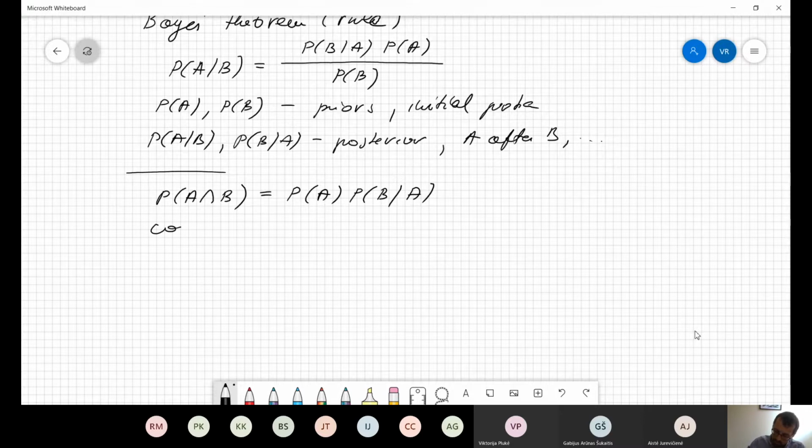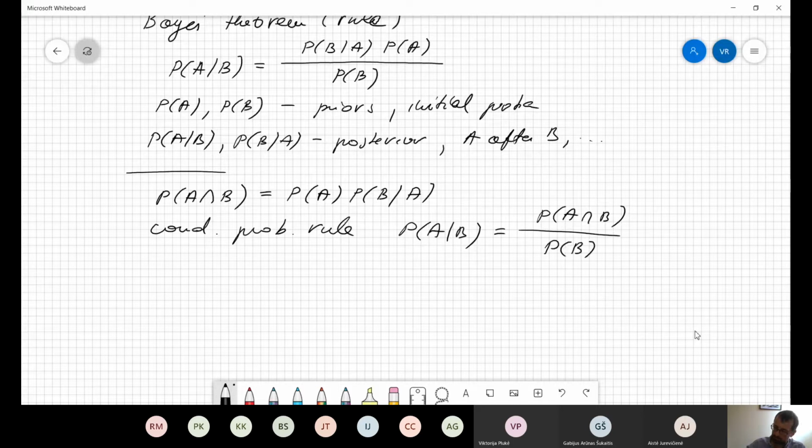It comes from the specification of the conditional probability. Let me write it down. Conditional probability rule: P(A given B) is equal to P(A and B) divided by P(B).